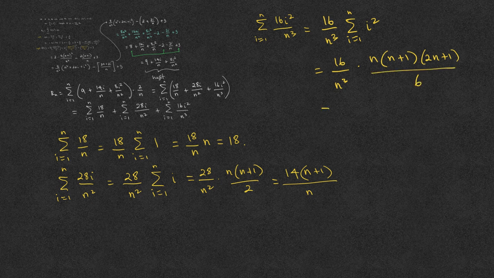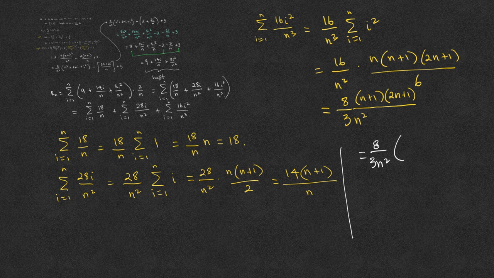We then simplify this. 16 over 6 divided by 2, we get 8 over 3. n over n cubed, we have n squared in the denominator, and in the numerator, we still have n plus 1 times 2n plus 1. We then simplify this further. 8 over 3n squared.